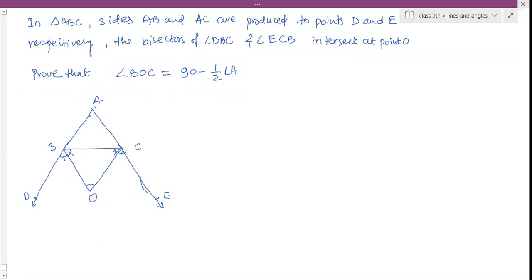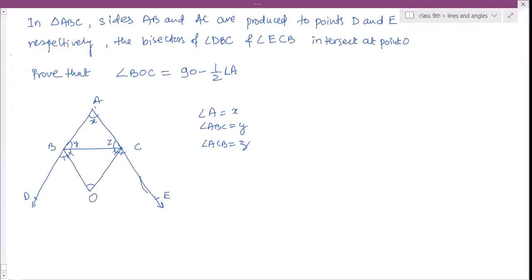We will consider this angle as X, this as Y, and this as Z. Angle A is equal to X, angle ABC is equal to Y, and angle ACB is equal to Z. Now what is angle DBC?